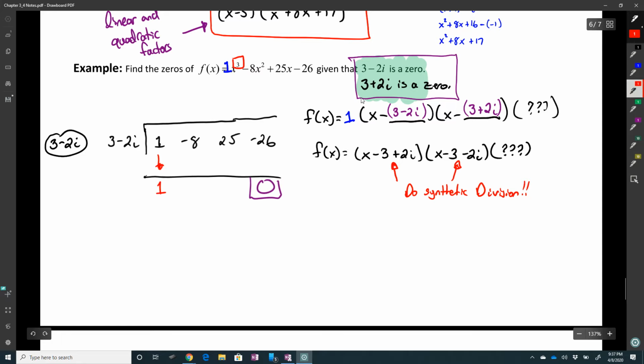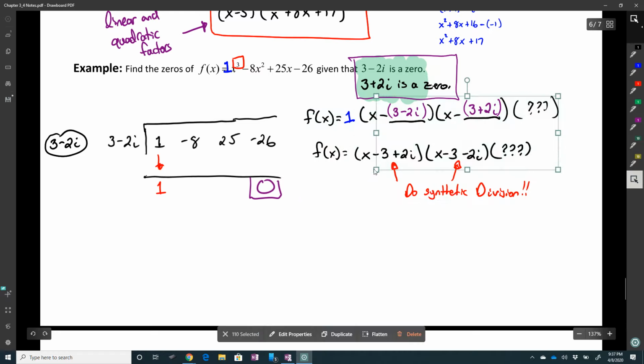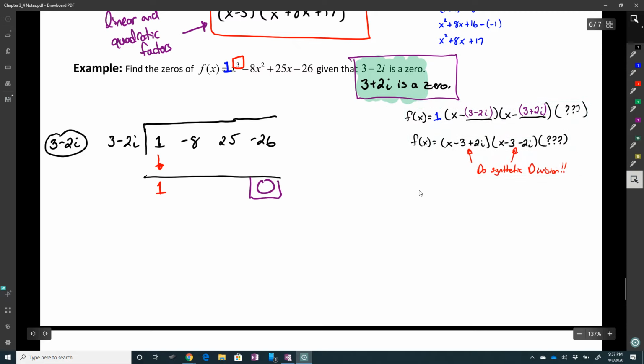So bring down the 1. 1 times 3 minus 2i. When you're adding and subtracting complex numbers, you can think of this negative 8 as negative 8 plus 0i, and this is 3 minus 2i.